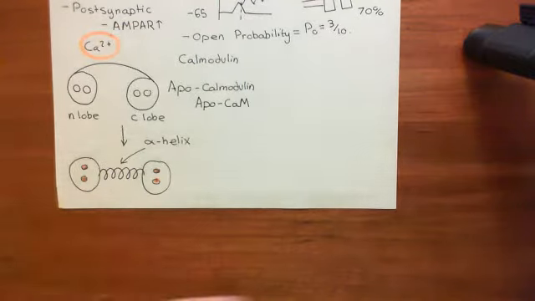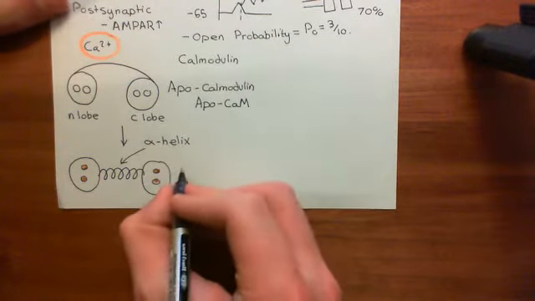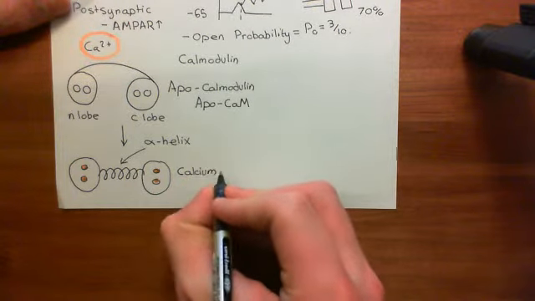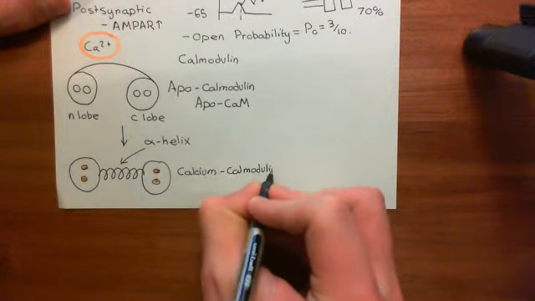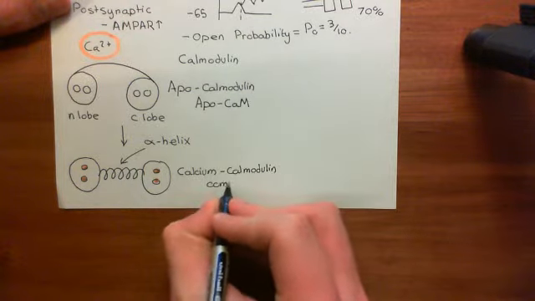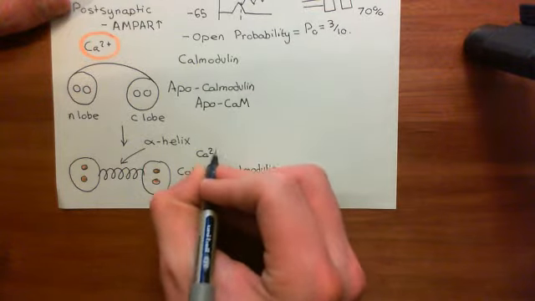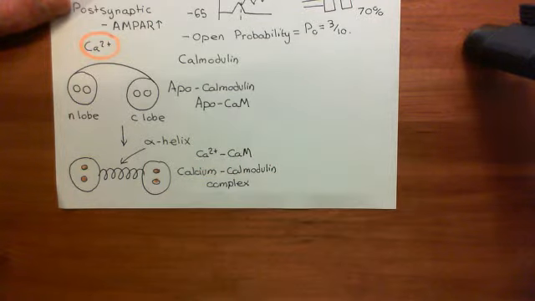Now, when you have calmodulin with 4 calciums bound to it, this is known as a calcium calmodulin complex. For short, calcium calmodulin complexes are often abbreviated to Ca2+ for calcium, and then the abbreviation for calmodulin is capital C, lowercase a, uppercase M again, so Ca2+-CaM.